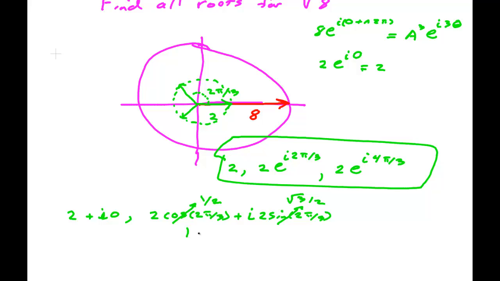So this is minus 1 plus I times the square root of 3. The next one, if you go and do that work, you're going to find is minus 1 minus I square root of 3. So those are the 3 roots.